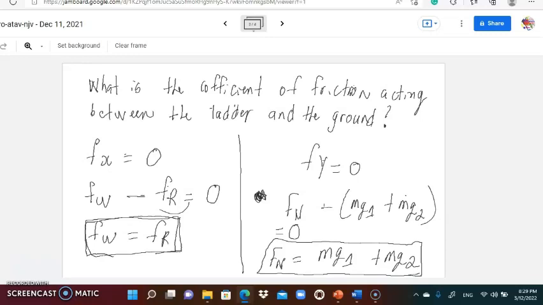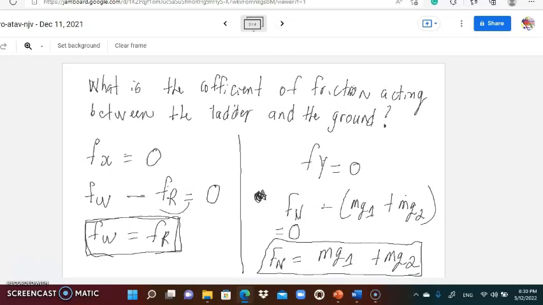So the force acting up, which is the normal force, and the force acting down, which is the two forces due to gravity, must sum to 0. Since the force due to gravity is acting in an opposing direction from the normal force, it is going to be negative. Again, force is a vector quantity, such that the normal force is equal to the force of the person due to gravity plus the force of the ladder.